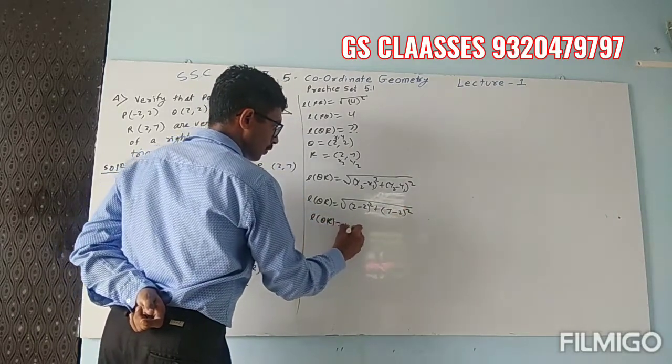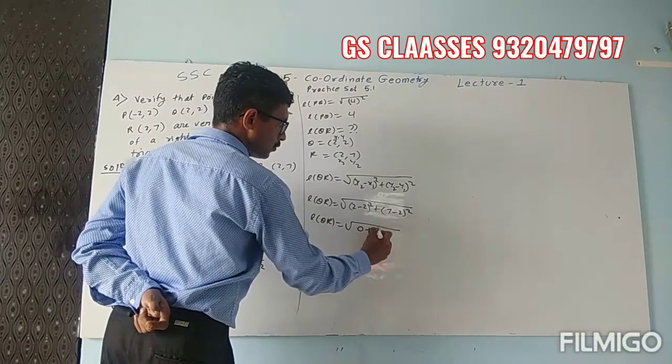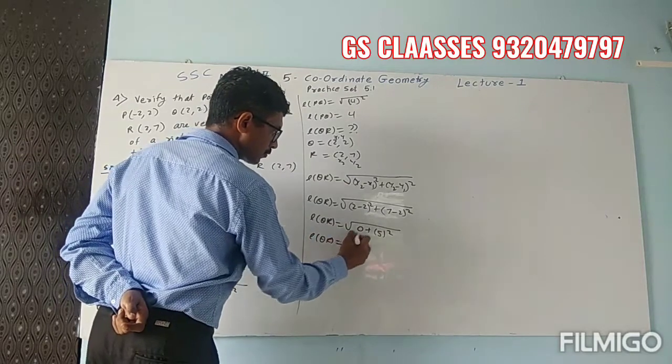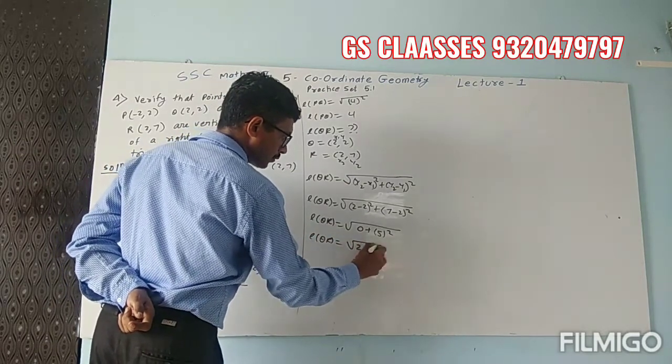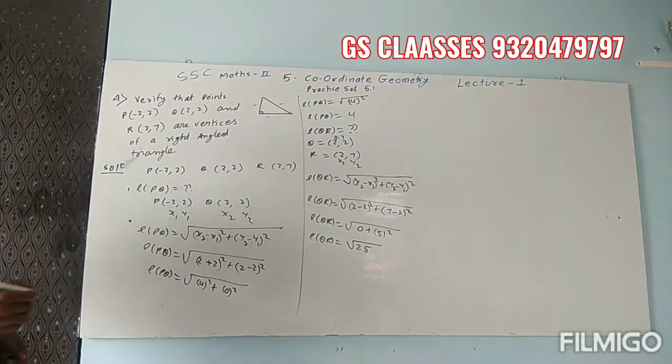So length QR will be 2 minus 2 means 0, 7 minus 2 means 5 the square. Length QR is going to be under root 25.